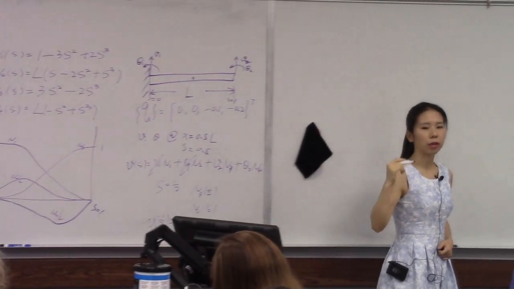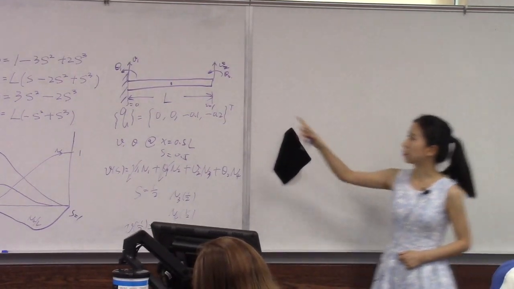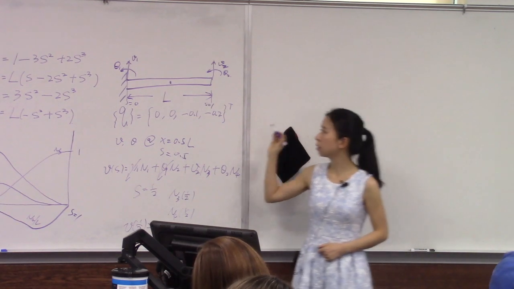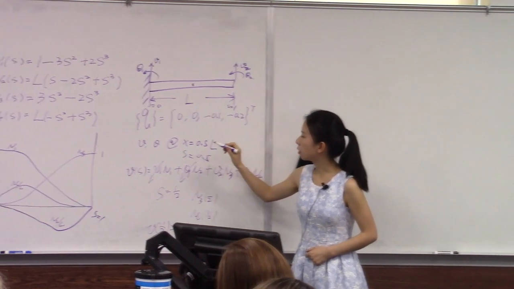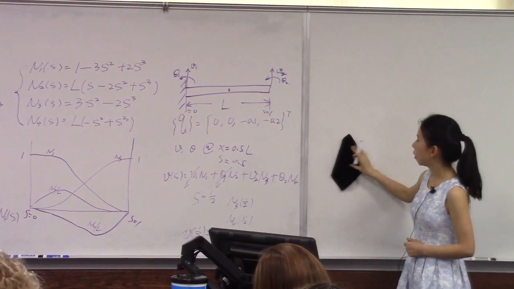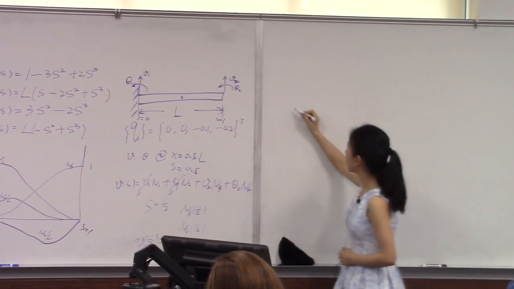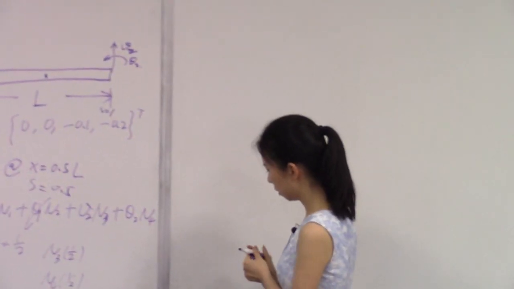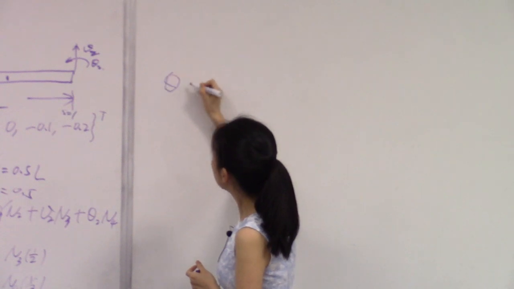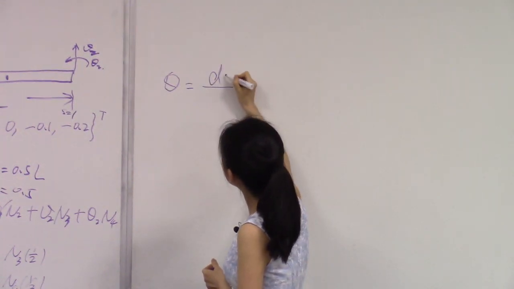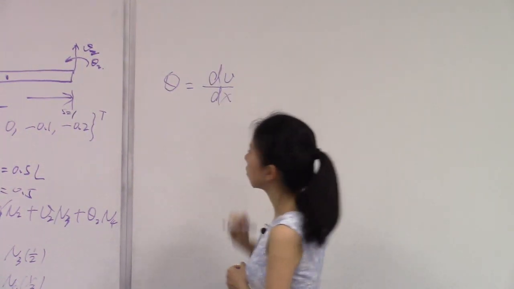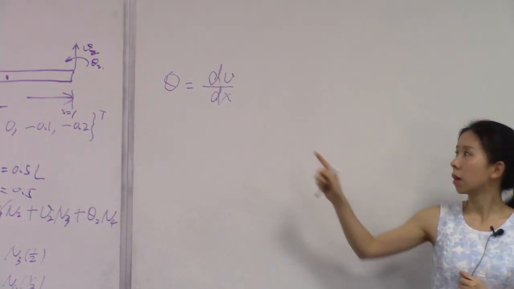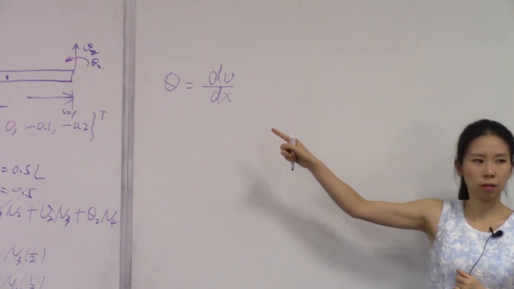The last question is how to calculate the rotation at this middle point, the theta. We know that the definition of theta is dv over dx. Is this correct? Theta equal to dv over dx.